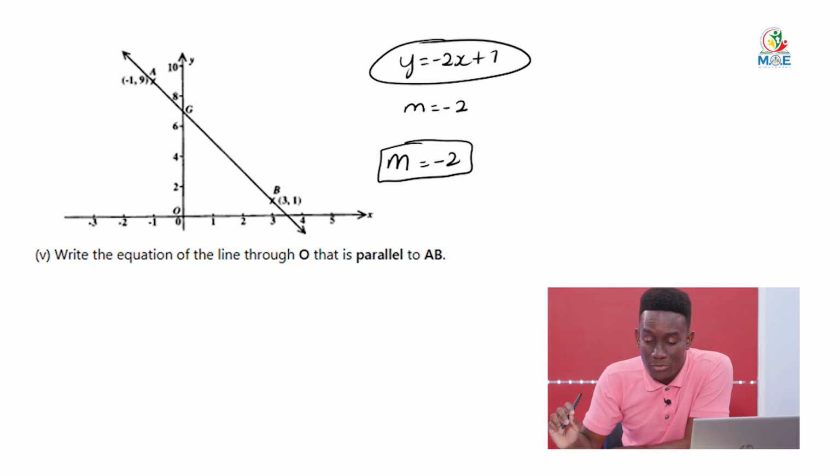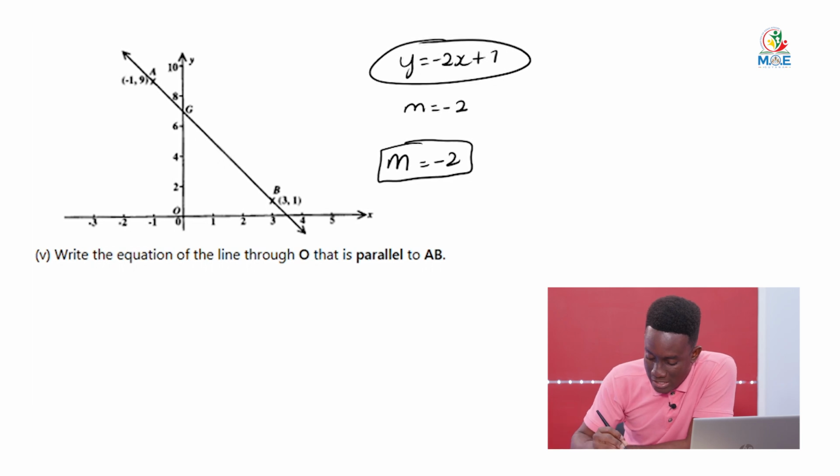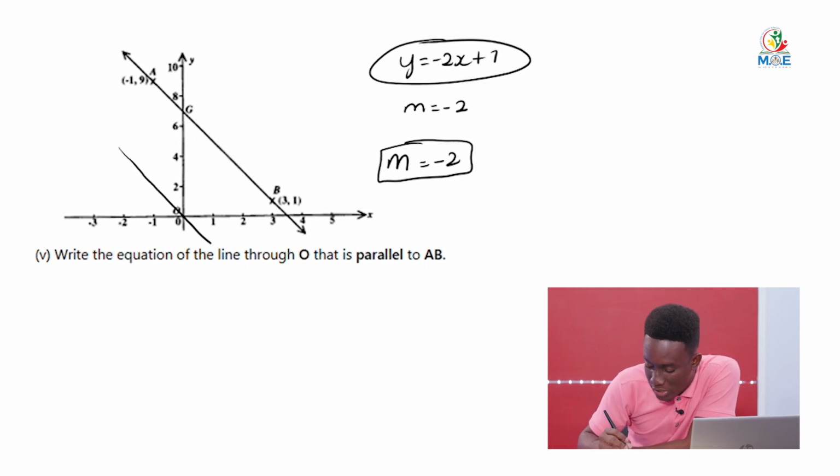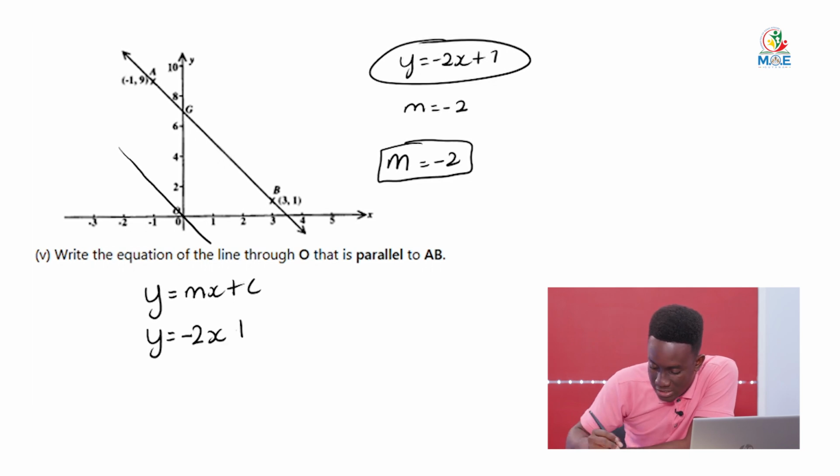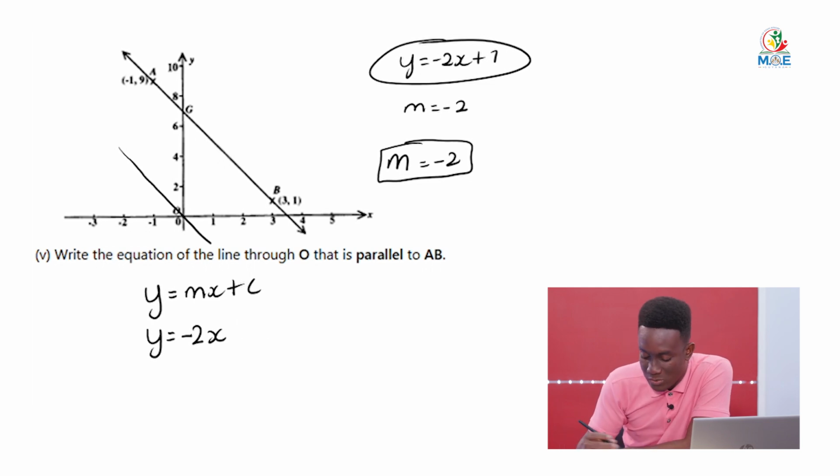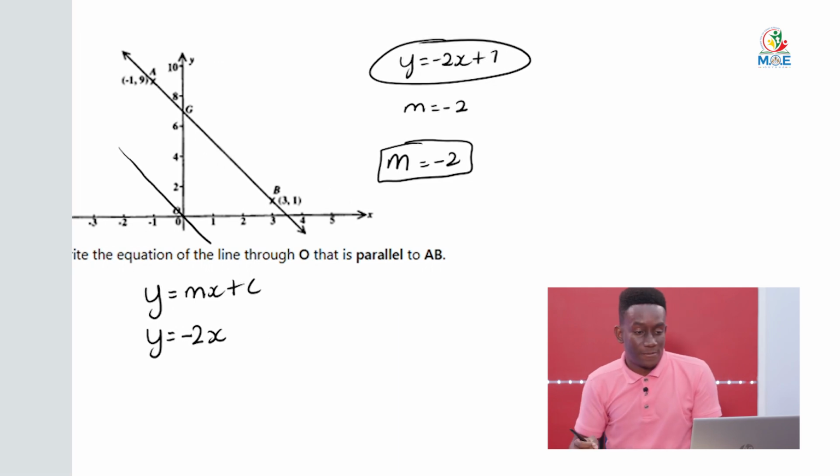It passes through O again, so it will look something like this. The general form is y equals mx plus c, so the equation is y equals negative 2x plus c. Once again, it passes through 0 on the y-axis, so c is plus 0, or we can just leave it as y equals negative 2x.